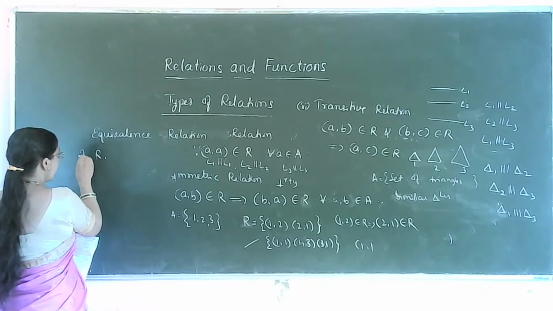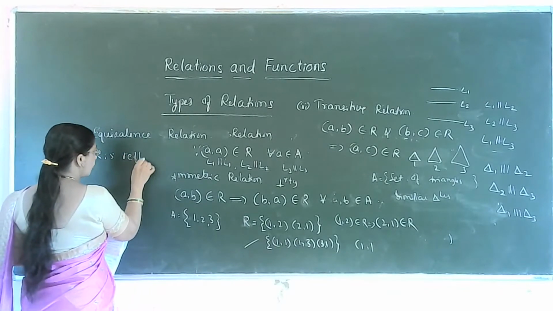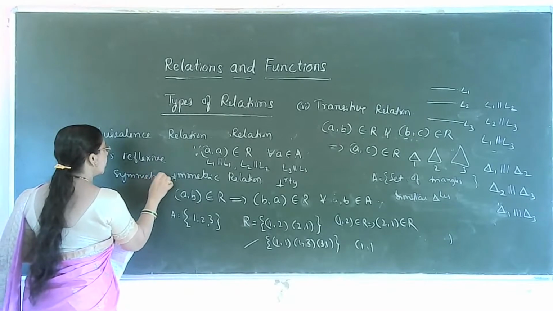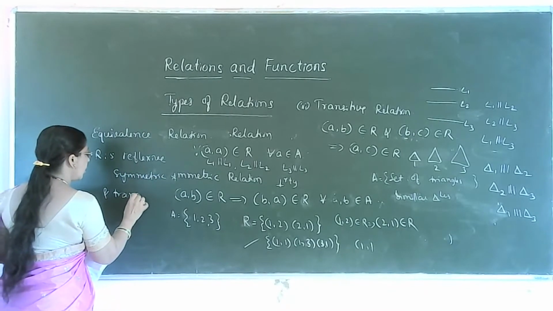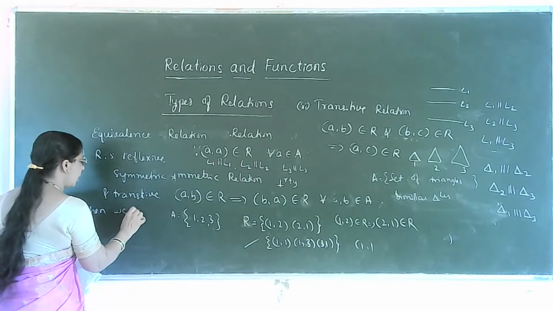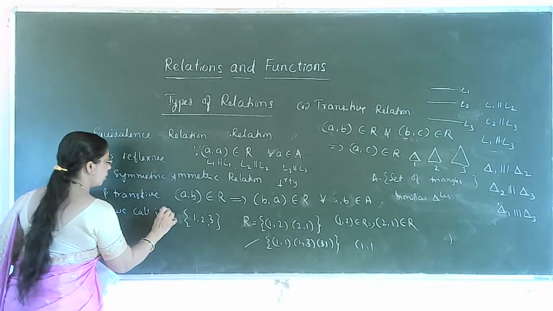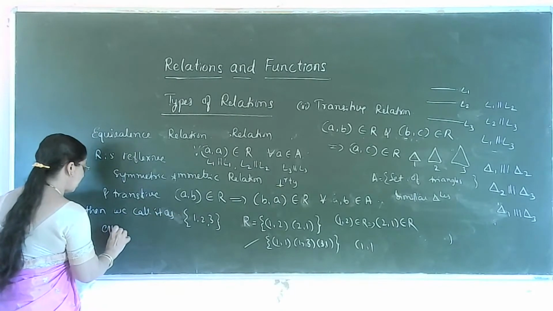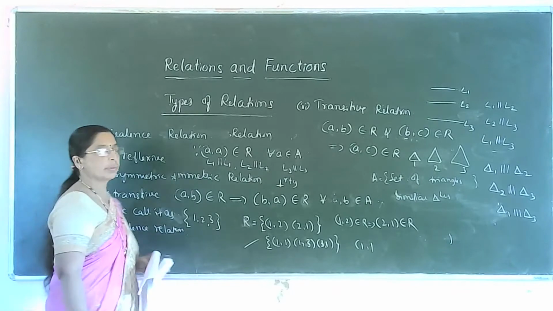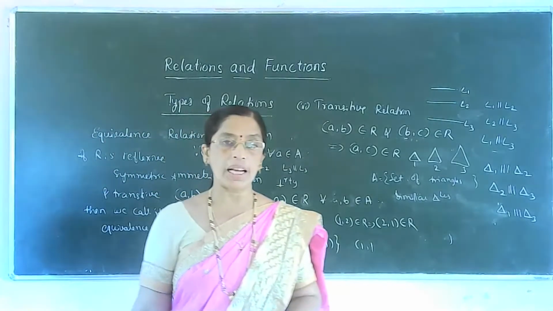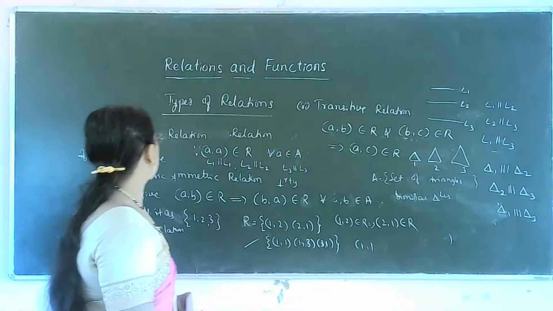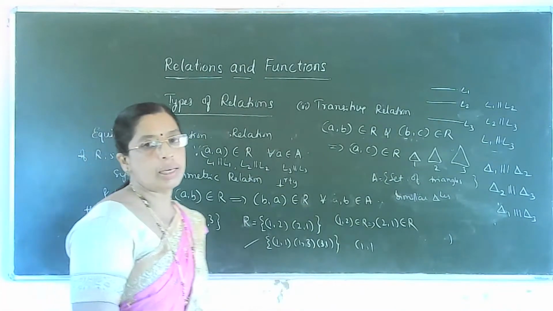If R is reflexive, symmetric, and transitive, then we call it an equivalence relation.